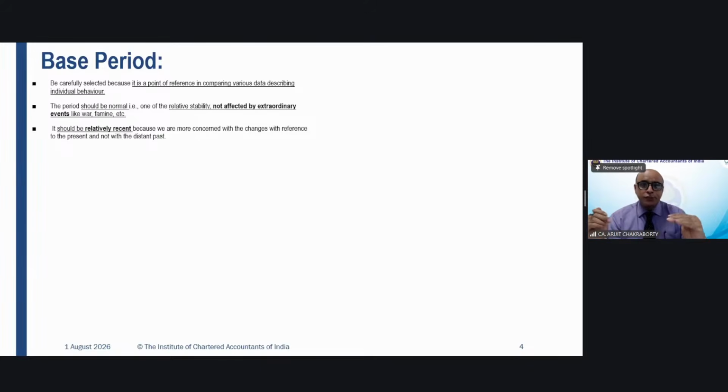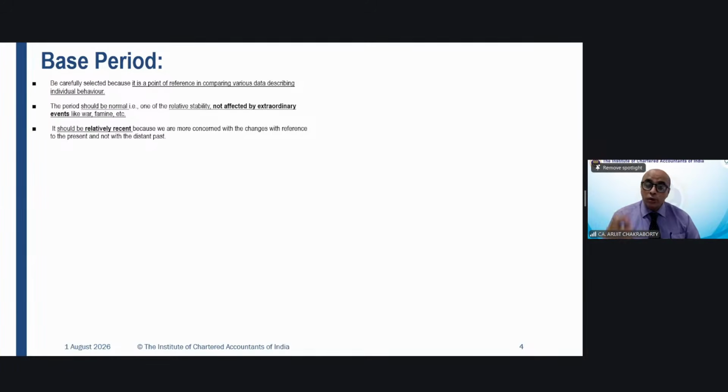So अगर base year itself is unstable, what will happen? So base year is like the foundation of a building, and you are calculating all the index numbers, comparing them with the base year. So base year बिल्कुल stable होनी चाहिए, otherwise the calculations of the current year prices, quantity will become biased, and it will not serve the practical purpose.